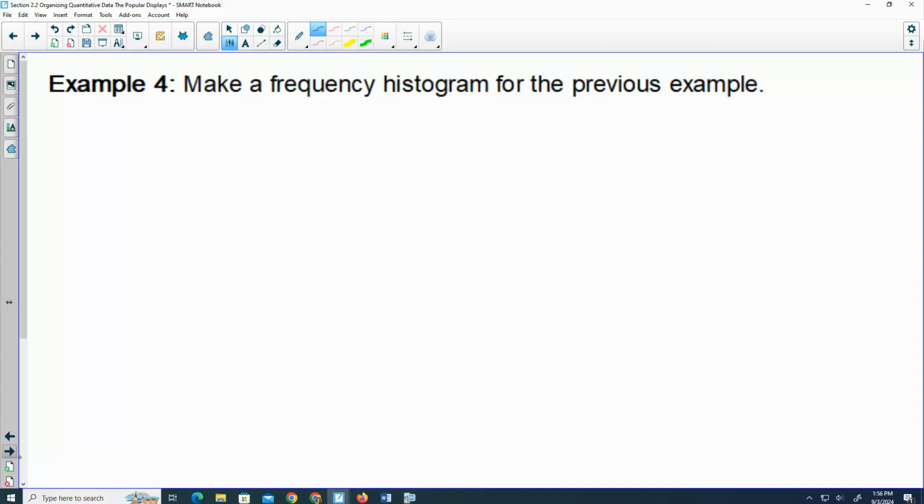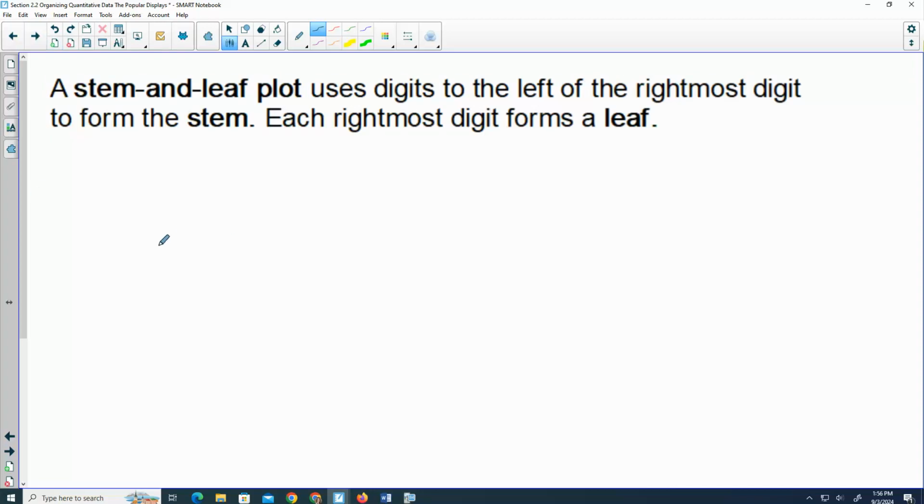If we make what's called a stem and leaf, you basically organize your data. So if I had points like 12, 17, 19, 21, 25, 25, 30, you can create that.